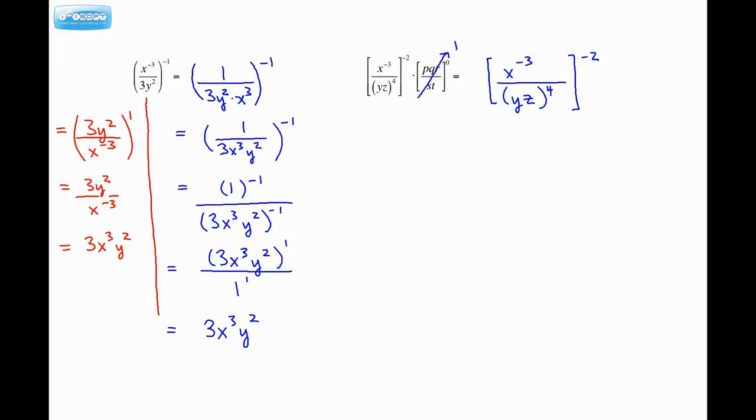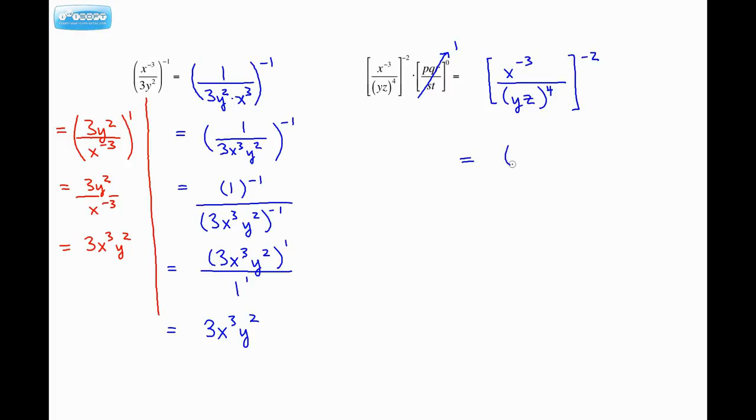From here on in, there's actually quite a number of different options for you. We can take this x to the minus 3 and shift it to the denominator, and then we can apply this negative 2 to the numerator and the denominator separately and then start flipping those. That's an option. What I'm going to do, however, is this. We know that when we have a fraction being raised to some exponent, whether it's positive or negative, these rules still apply.